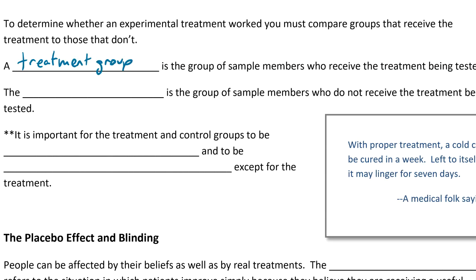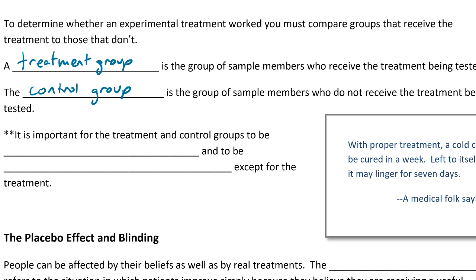The control group is the group of sample members who do not receive the treatment being tested. So the control is always just the people who don't receive the experiment, just to be able to use something as a basis for what's normal. Right?